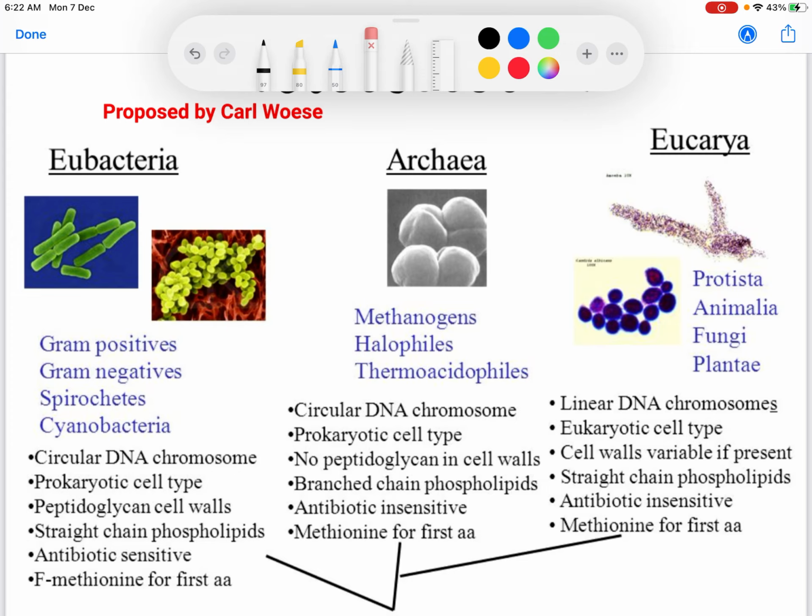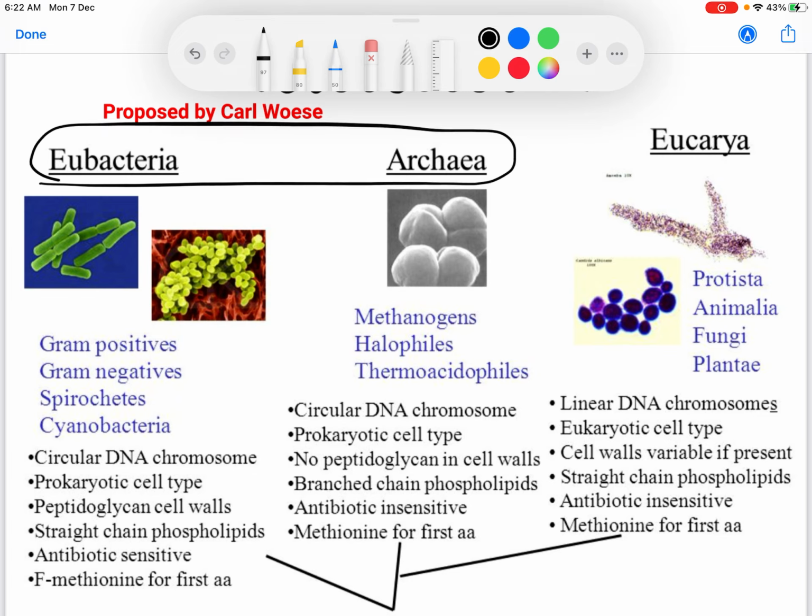Now, of all the five kingdoms, this is the division of only Monera. Monera are divided into first Archaea and second Eubacteria.